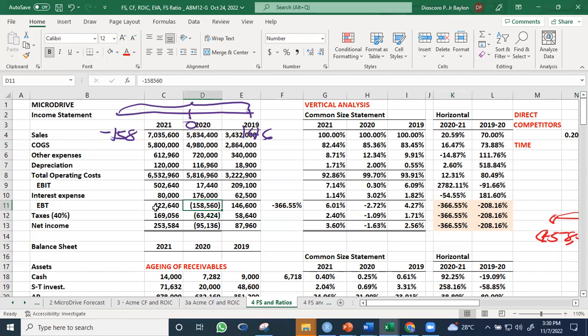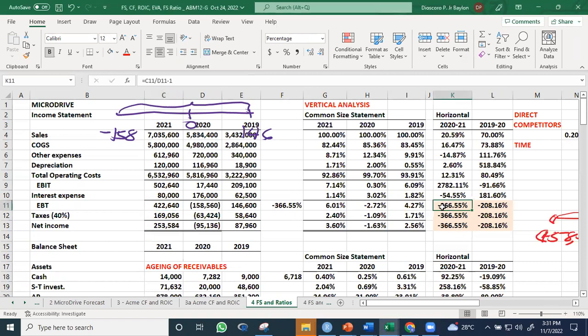Pero, nag-increase to di ba? 158 to 560. So, should this be negative, class? What happened to your EBT from 2020 to 2021? Was there an increase or decrease? Class. Increase. Therefore, ano dapat yung magiging ano nito?